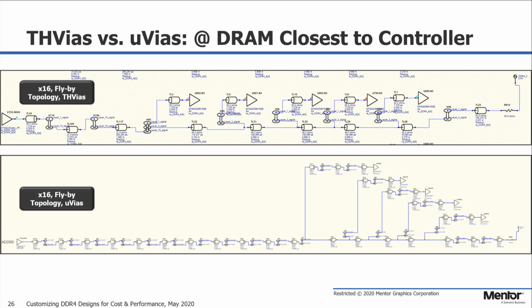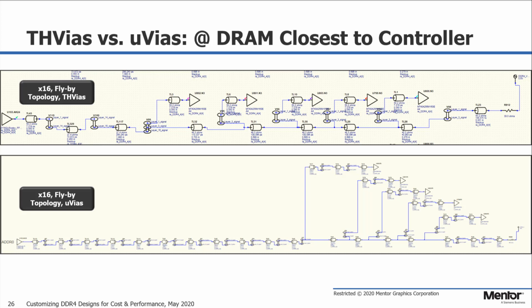But note that the address bus runs at half the actual DDR4 data rate since it's clocked only at every rising edge, but the data nets are clocked at every DQS rising and falling edge.